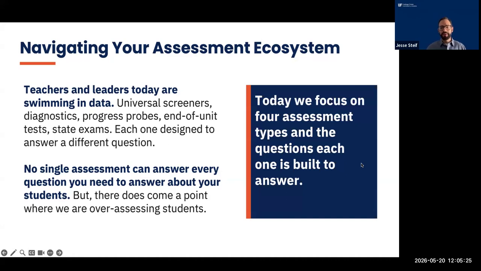So today we're going to try to cut through some of the noise, and try to find where the signal is in the noise by talking about these assessment types and the questions that each one is built to answer.